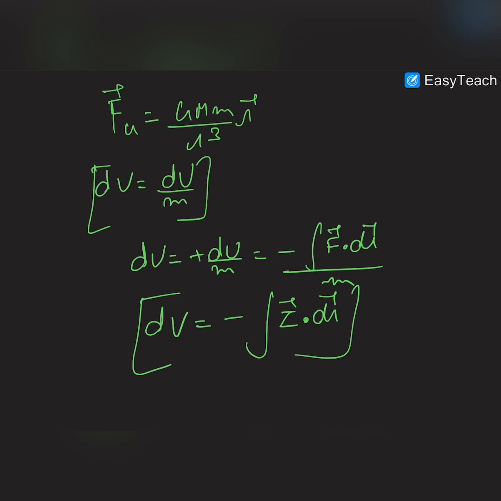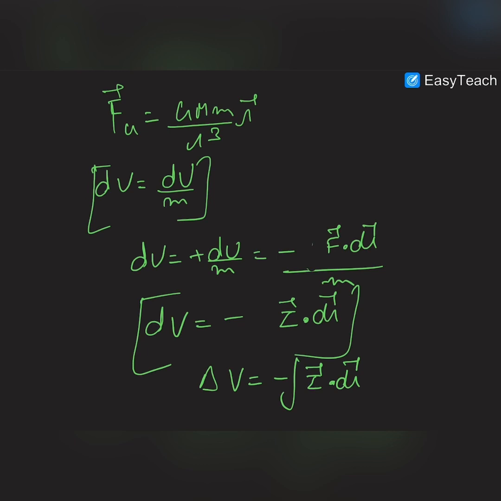And when we are writing dV, then we can eliminate this integration sign because this is a small change. So this is the relation, and if we find out delta V, then delta V would be equal to integration of minus I dot dr. Okay, so this is the relation between the gravitational potential and gravitational field intensity.